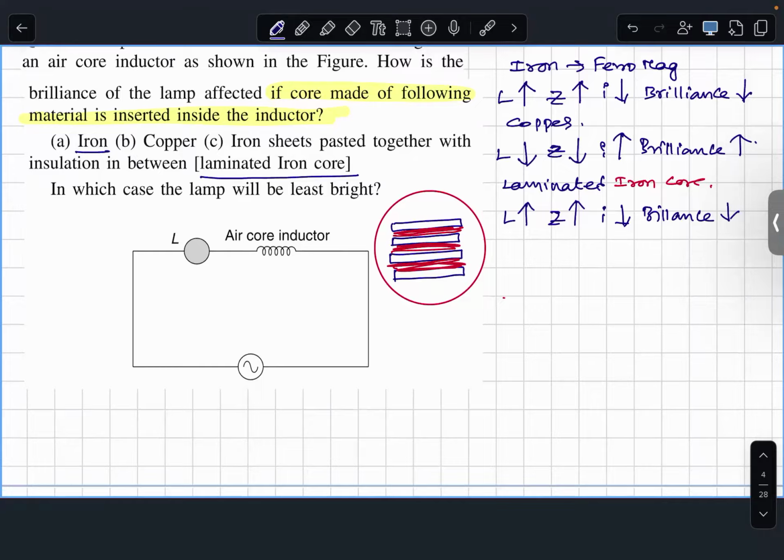Undoubtedly copper, it is okay. What do you suggest?